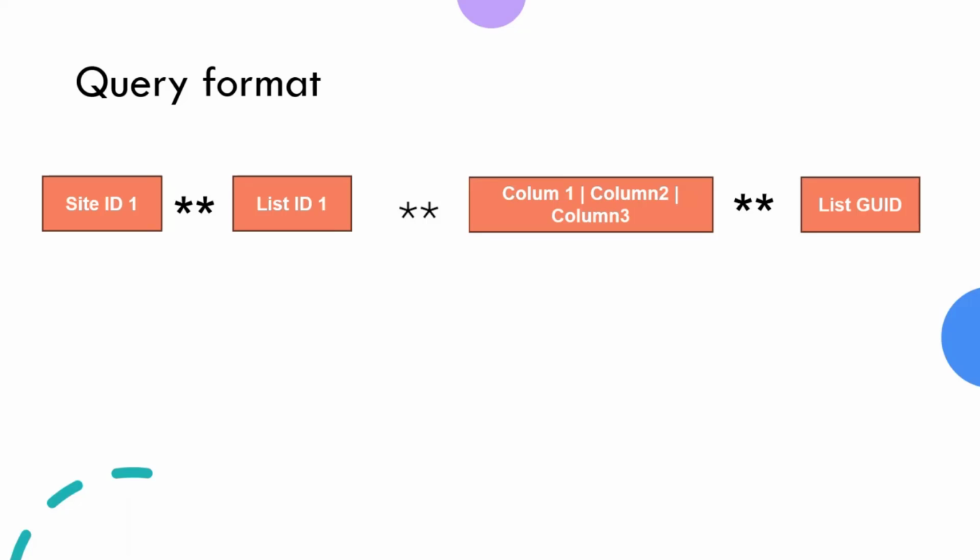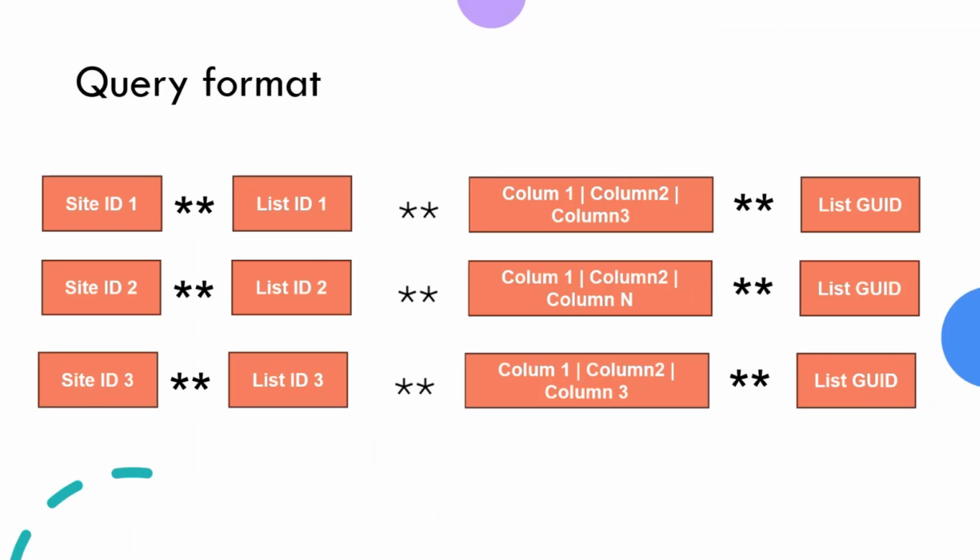For example, if the user selects some columns from 3 different sites and lists, the query is structured as follows. You don't have to worry about the query, but it is important to know, because there are some functions in the solution which are in charge of parsing the query. It is important to know that the result of the latest query will always be displayed in the detailed list component.